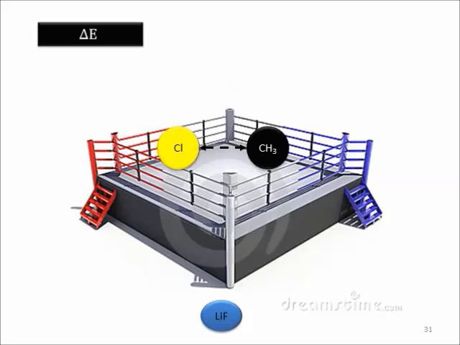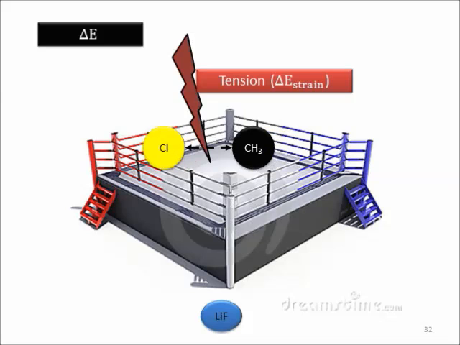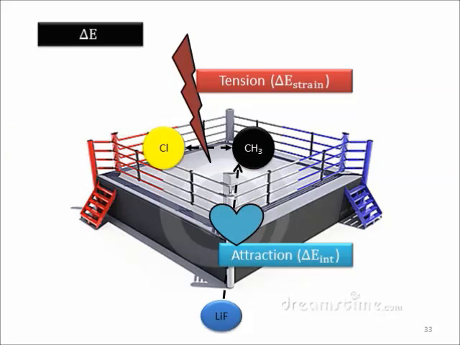Between CH3 and Cl there will be a sort of tension. Now, the LiF nucleophile wants to help the CH3 and drive Cl- out. So between CH3 and LiF there will be an attraction. As LiF approaches CH3, the attraction, which is the interaction energy, will increase.